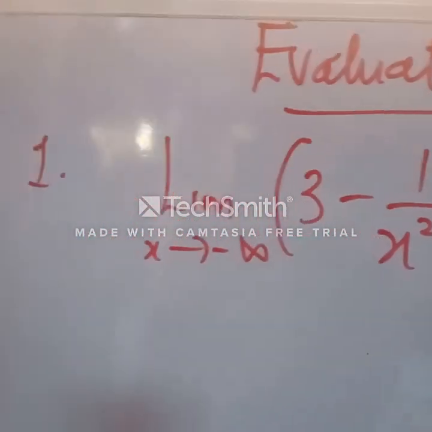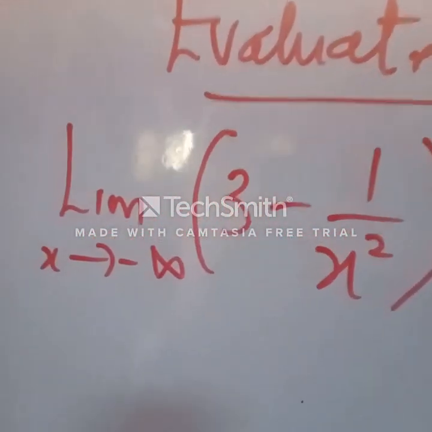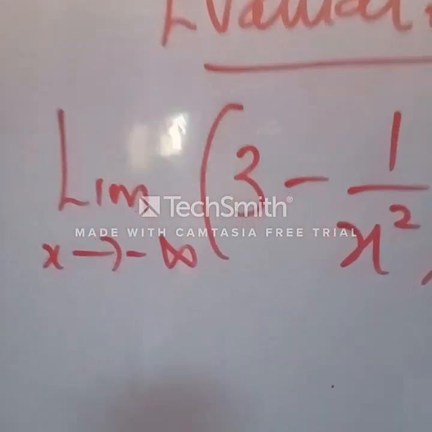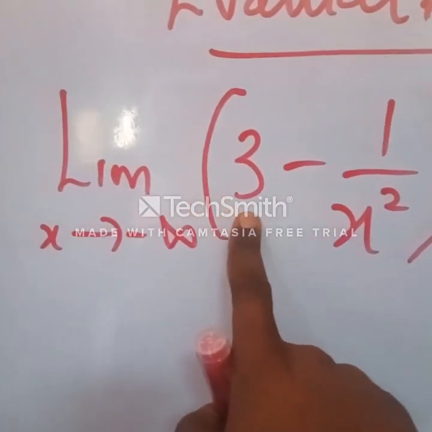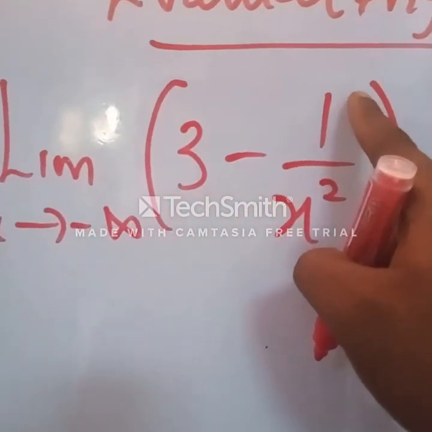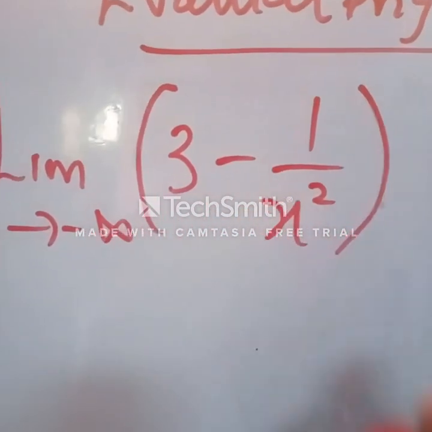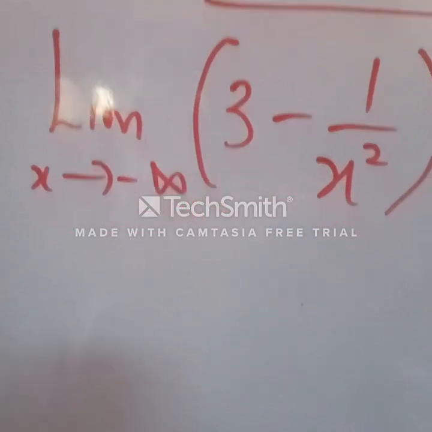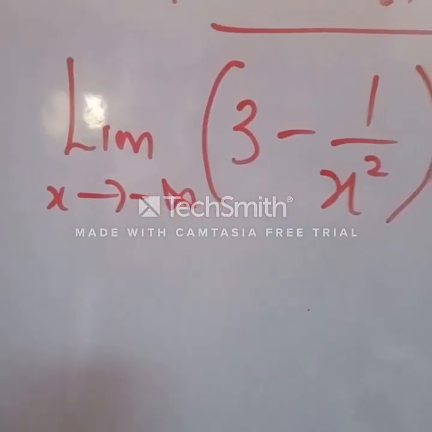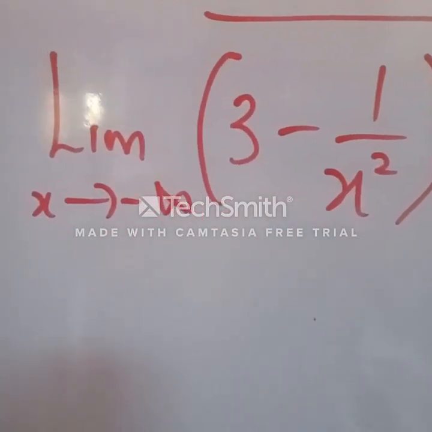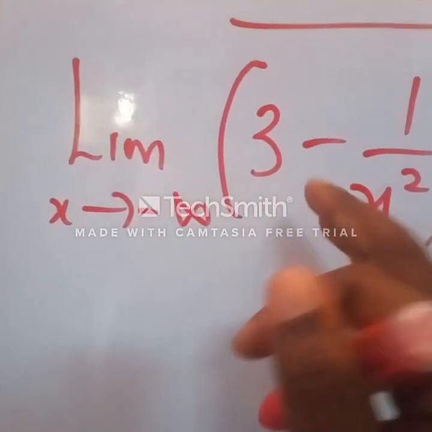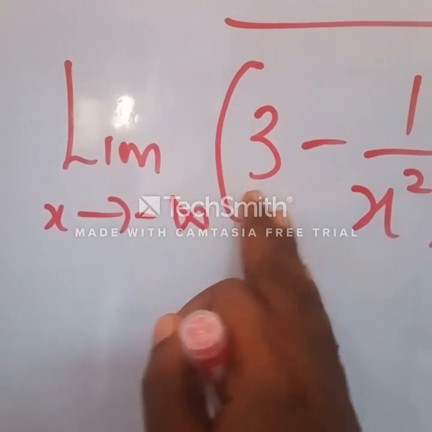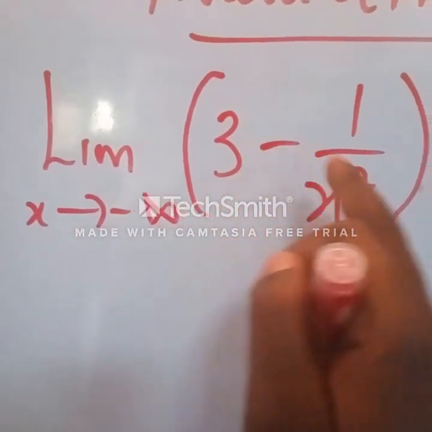In evaluating this function, we see that this is a constant, and then this is a function over x. When applying the properties we discussed under finite values, we can apply property 1, which is when we have addition and subtraction form of a function.